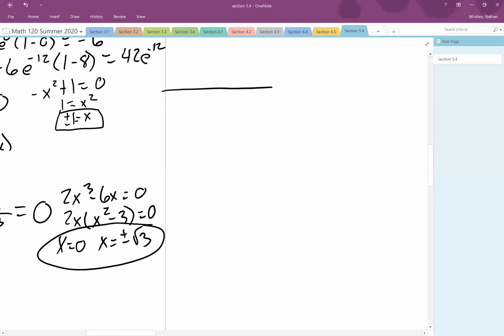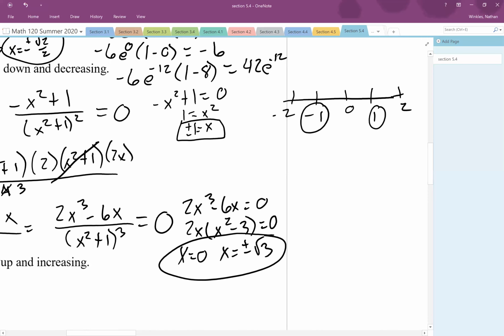So for our first derivative, negative 1 and 1, we could use 0, negative 2, and positive 2. Our denominator is always positive. So really what we're looking for is the numerator, which really just means negative x squared plus 1.